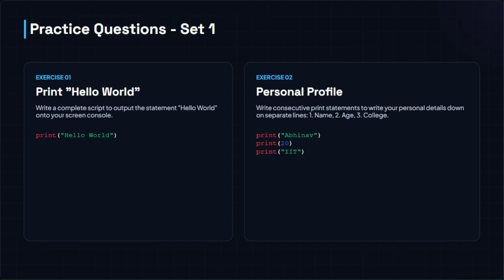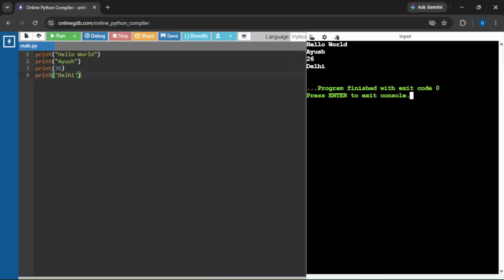Are you done? So I think you have done. Let me show you the code for it. Hello world I have already done. Python, I will change it to Python. Then programming.